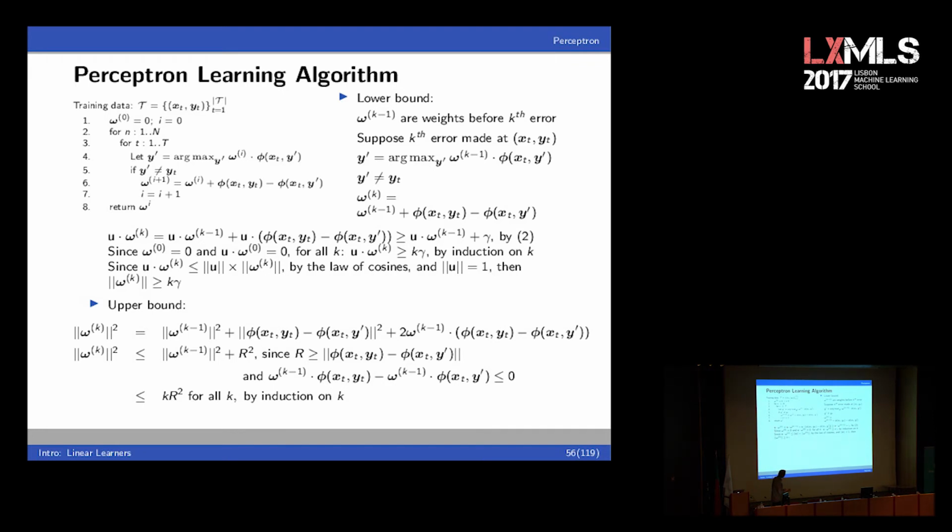This is just our update. We multiply the left-hand side and the right-hand side by our vector u. And then for this here we can make use of our assumption number 2, namely that all the training data are separable by a margin greater or equal to gamma. So that means we can replace this here by gamma. So what we now have is u times w at step k is greater or equal than u times w at step k minus 1 plus gamma.